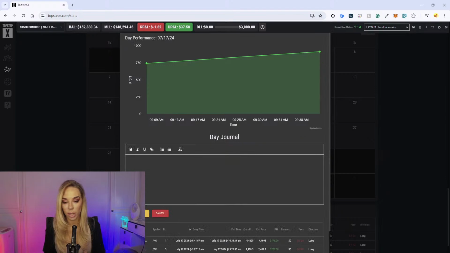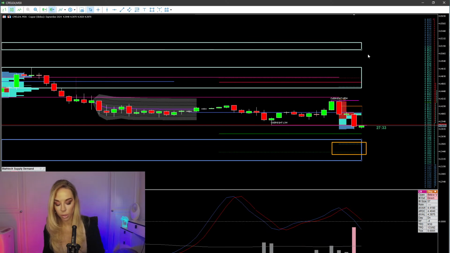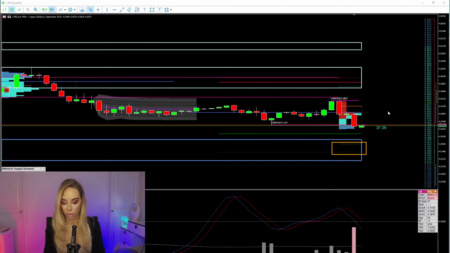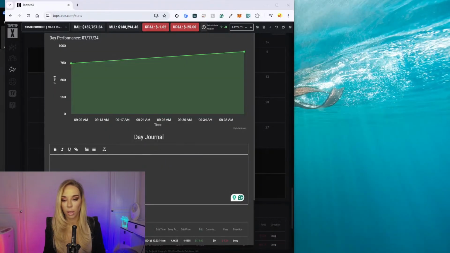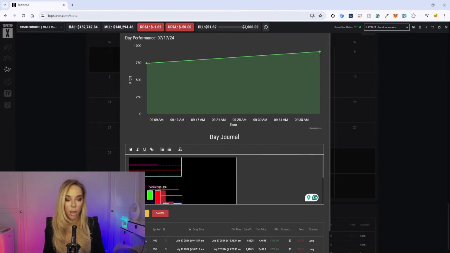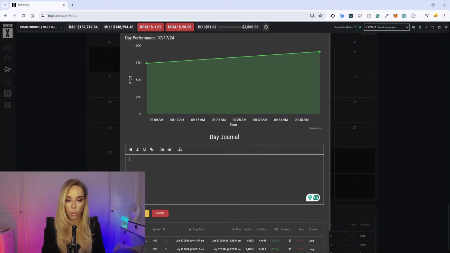You can write things down, you can screenshot things and throw them in there. So let's try that. Let's just screenshot a chart, for example. And then I can throw it in there, and then you have it there as a visual reminder of what you were looking at when you were journaling.